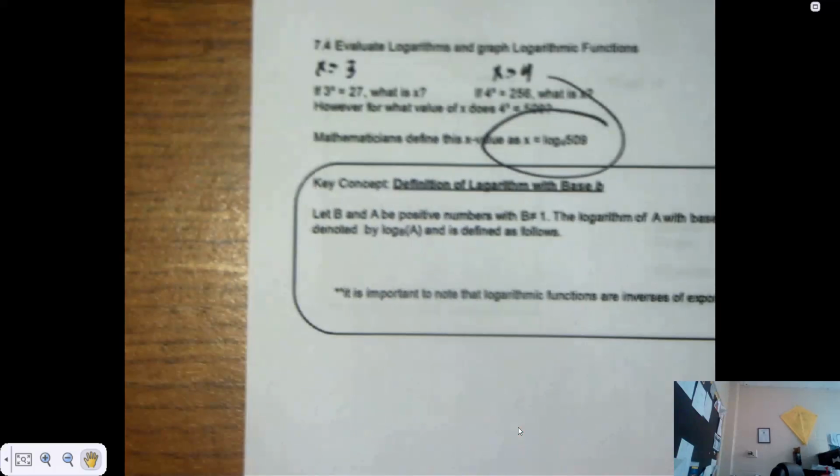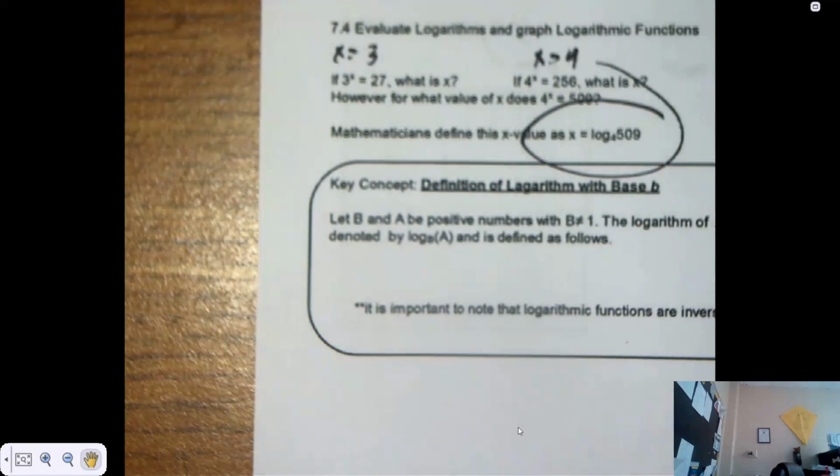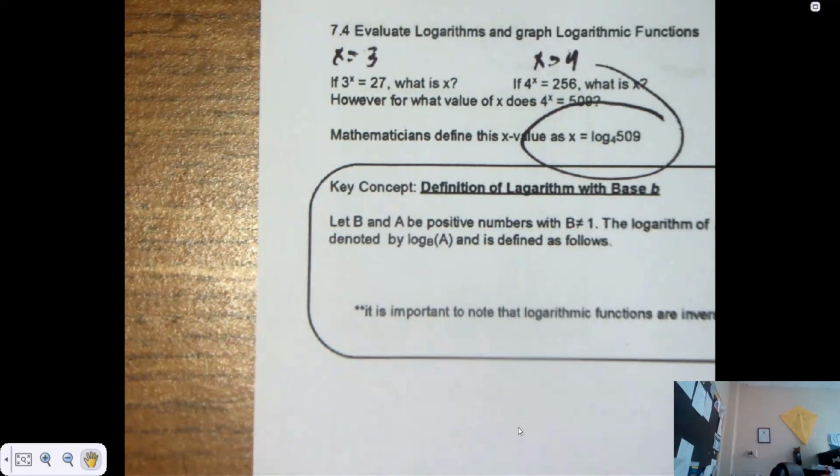Anyways, key concept day, definition of a logarithm. Let b and a be positive numbers with b not equal to 1. The logarithm of a with base b is denoted by log base b of a and is defined as follows.